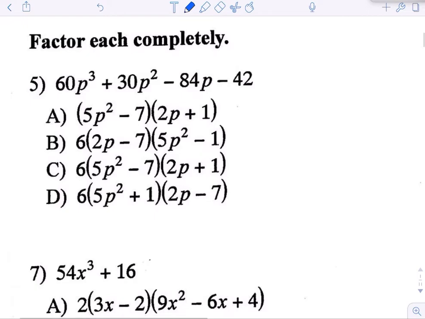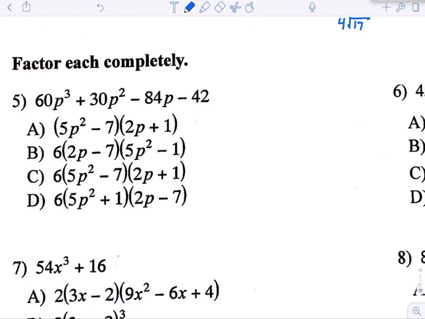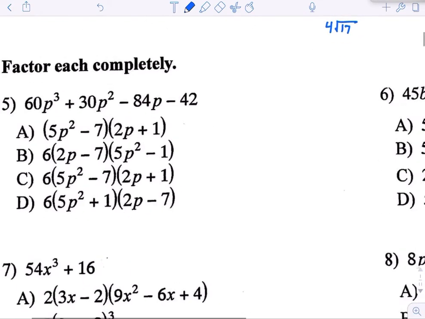All right, so look at this. Looks to be 4 terms, right? So this makes me have a hunch we can factor this by grouping. But first, I am noticing I could probably factor out a number from each one of these terms. So 6 can go into all of those.